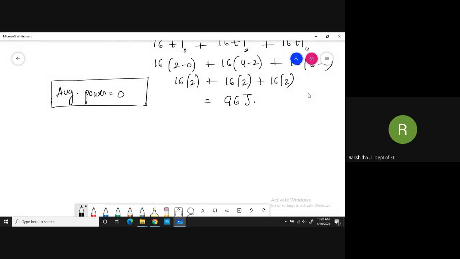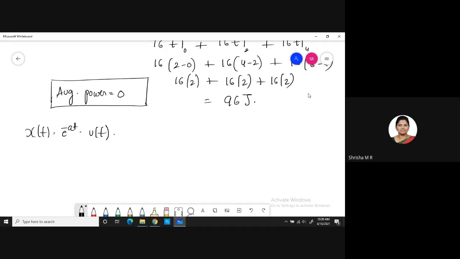So I'll give you one more signal. X of t is equal to e power minus at into u of t.